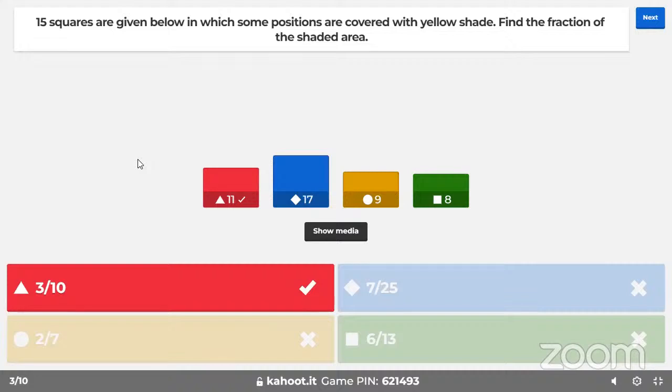Time's up. That was a logical reasoning question. The correct answer was 3 by 10. 11 among you answered it correctly.